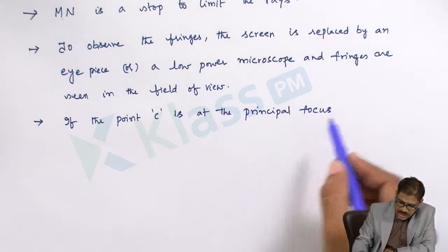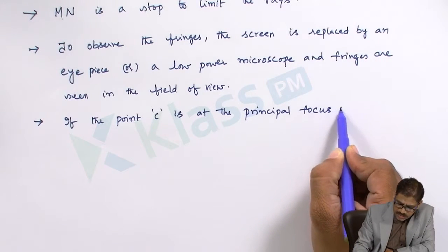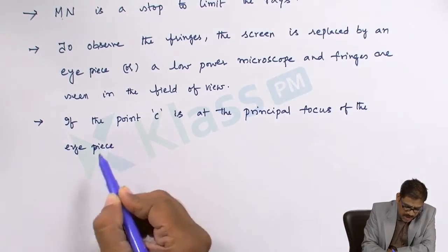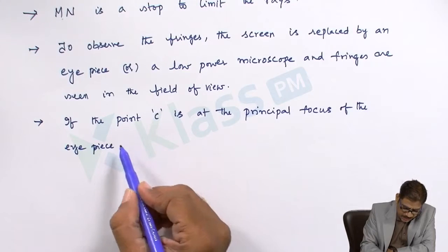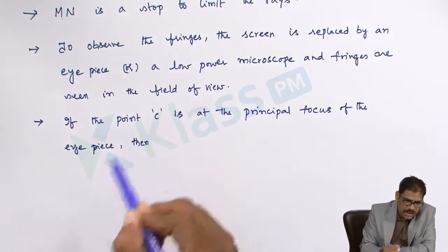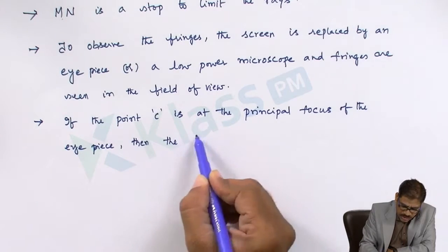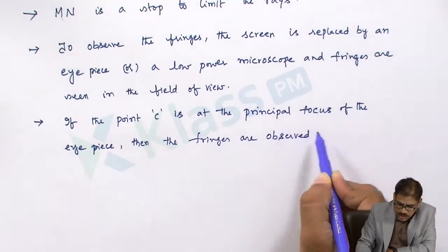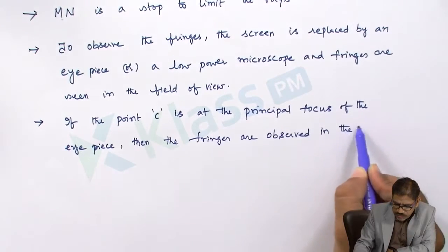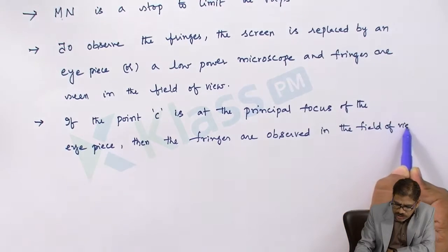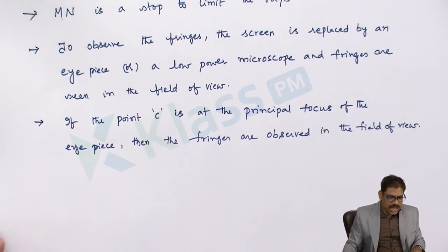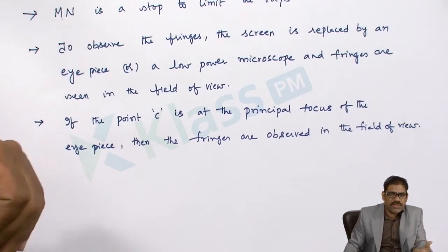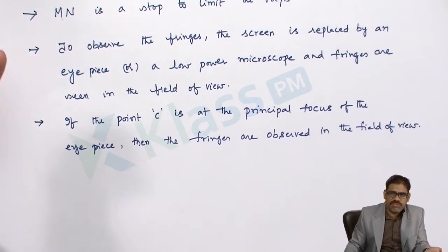So if the point C is at the principal focus of the eyepiece, then the fringes are observed in the field of view. This is for the adjustments made with respect to the eyepiece, whether it is at the point C or at the principal focus.